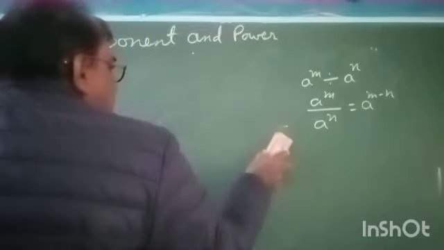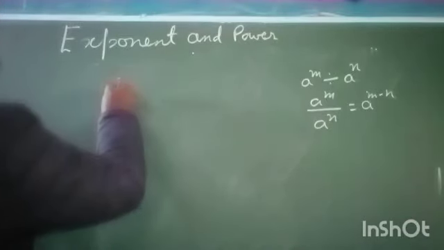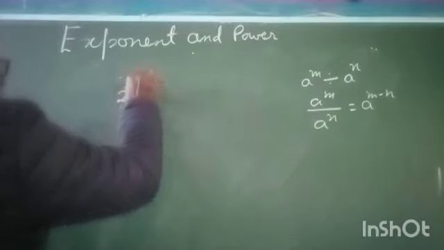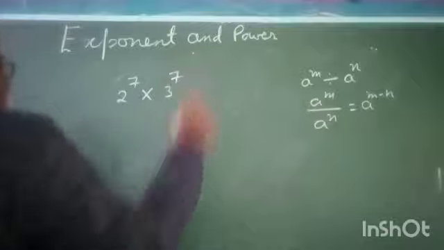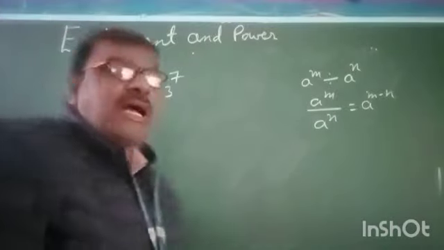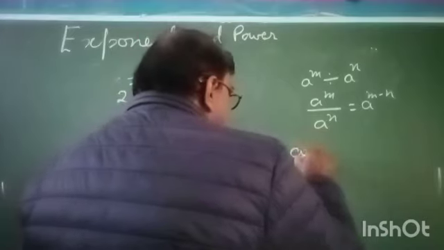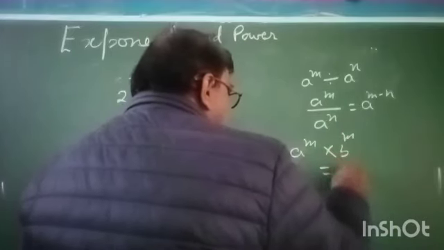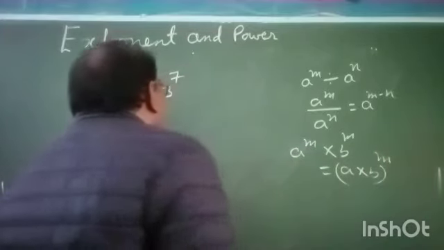I take another question: 2 to the power 7 multiply 3 to the power 7. So dear student, as you see here, the law says a to the power m multiply b to the power m equals (a multiply b) whole to the power m.